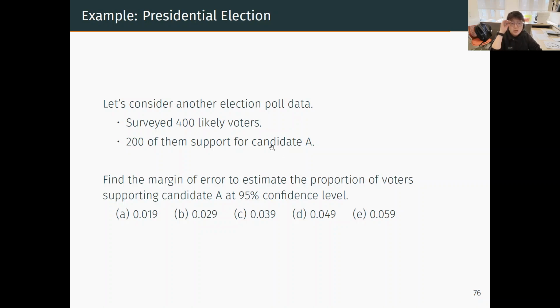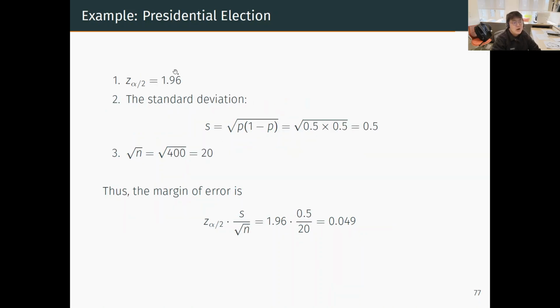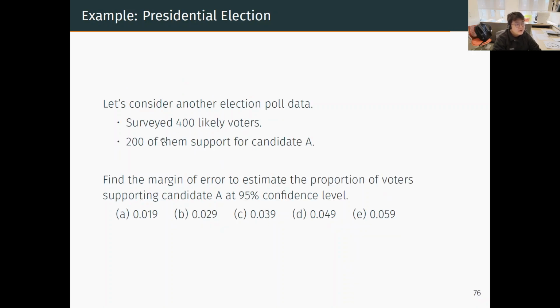Okay, so let me turn the page. So I will use the same z alpha over 2 because 95% always implies 1.96 approximately. And the standard deviation is given by this, but the P is like 200. The probability of success in this survey is that 200 out of 400, which is 50%.